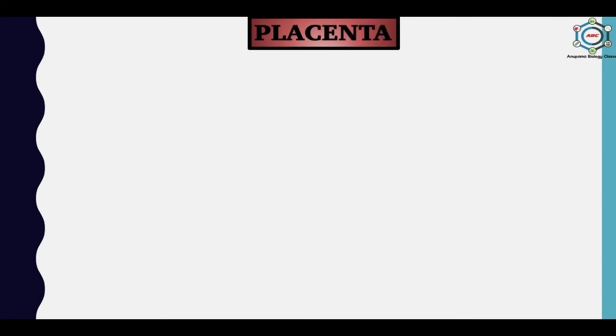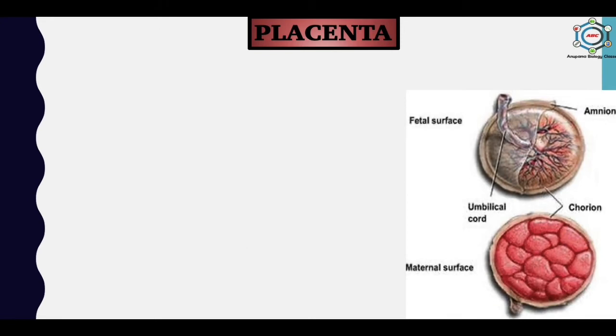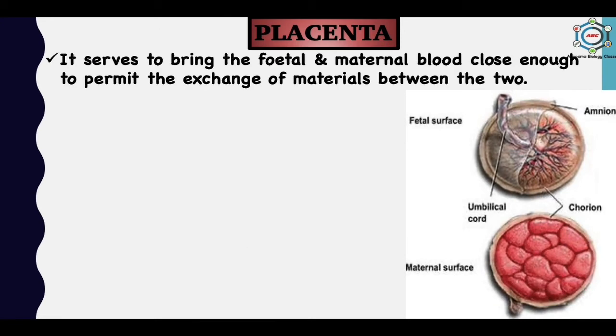Now, here you can see the placenta. So, what is the placenta? In this picture, you can see the structure of the placenta, and it serves to bring the fetal and maternal blood close enough to permit the exchange of materials between the two. In the picture, you can see it is a reddish-brown disc about the size of a dinner plate and a little less than 1 kg in weight.